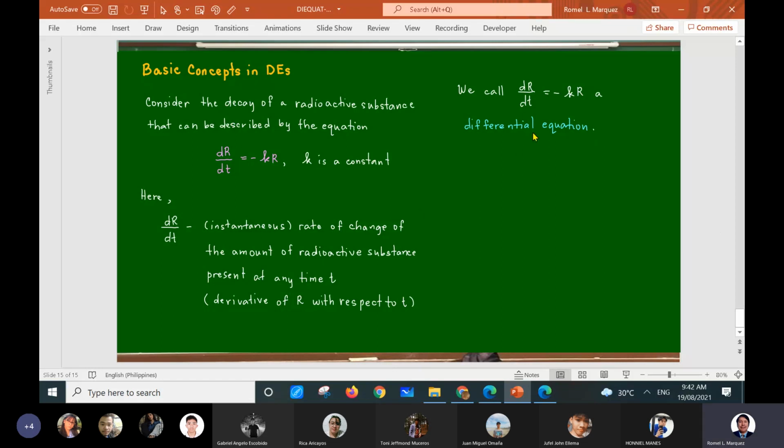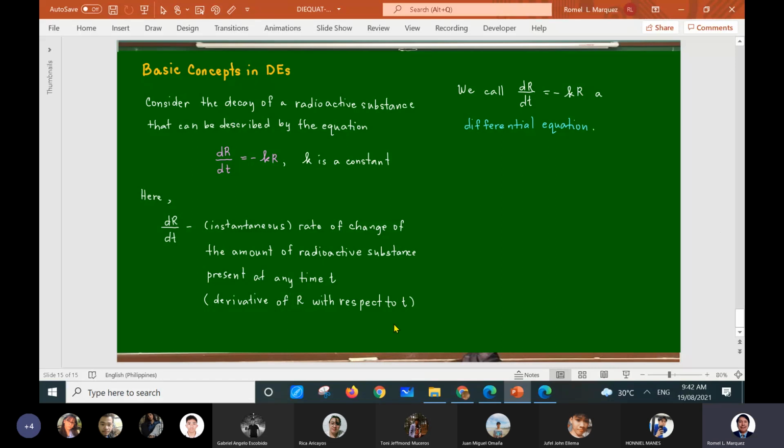What is the difference between a differential equation and the equation that you had in your algebra, guys? It's also an equation like what you had in your algebra, but what do you notice? What's the difference? It involves a derivative. Okay, guys?